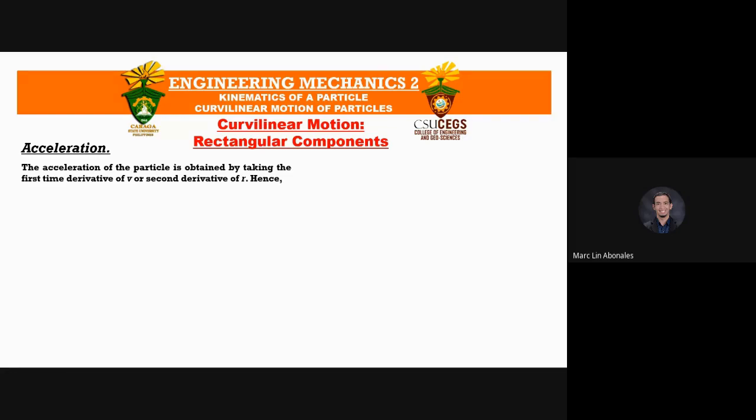So the acceleration of the particle is actually obtained by taking the first time derivative of your velocity. So your velocity vector, you just differentiate that with respect to time, or you can also use the position vector r, but you take the second derivative with respect to time.